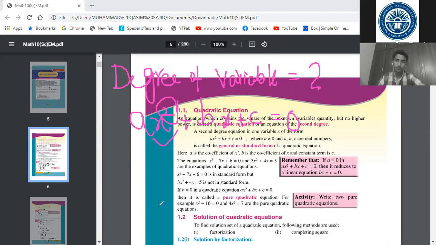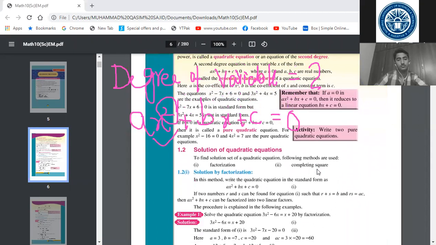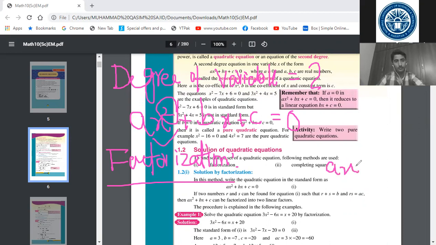First is by using factorization. For factorization, we have the equation ax square plus bx plus c equals 0.